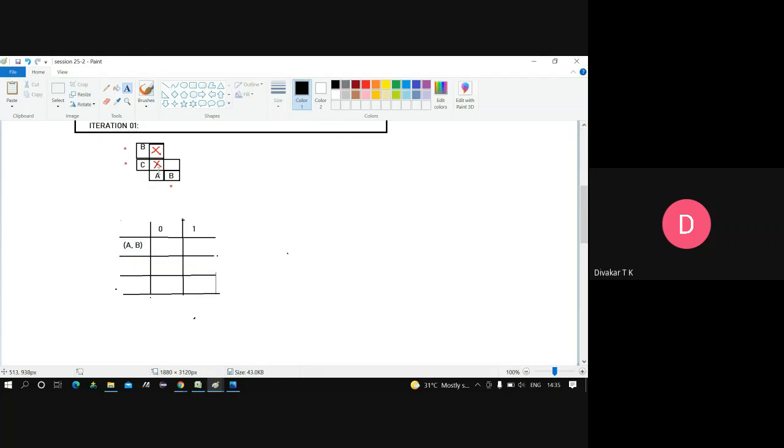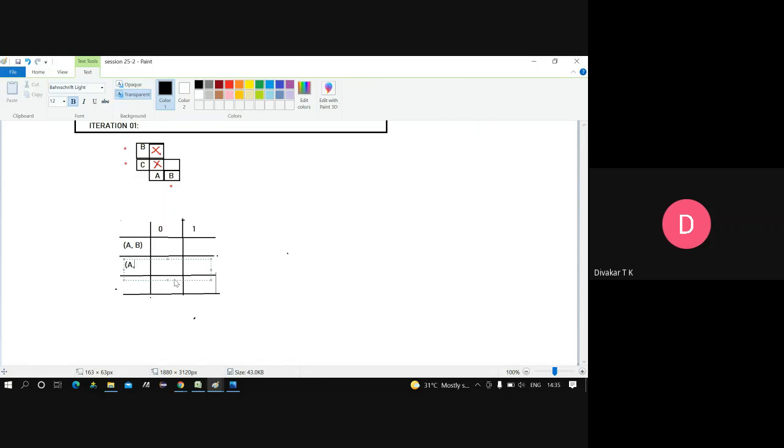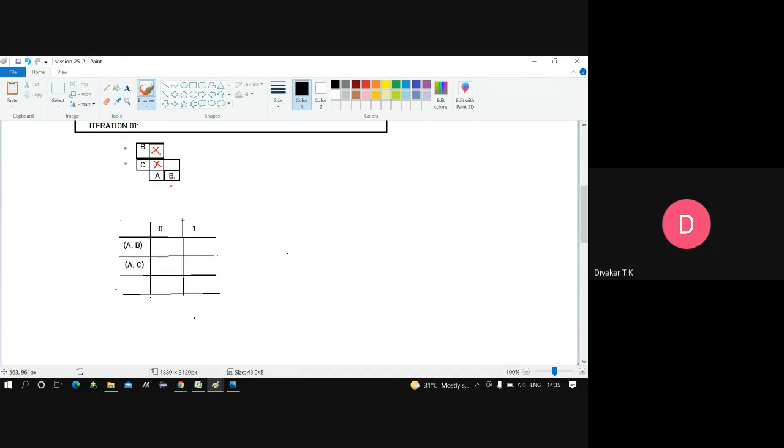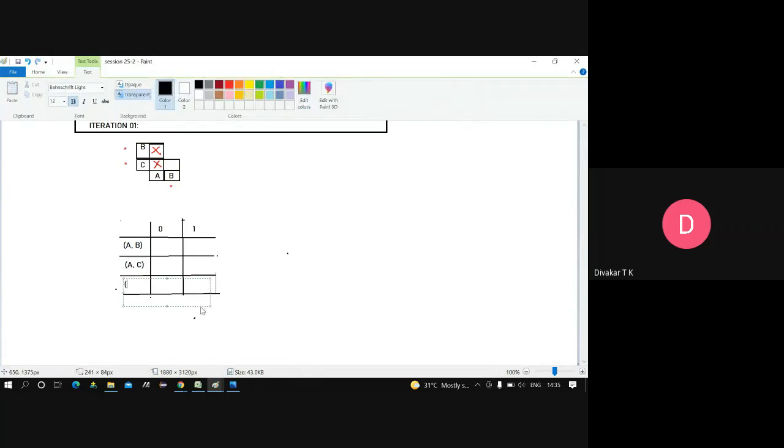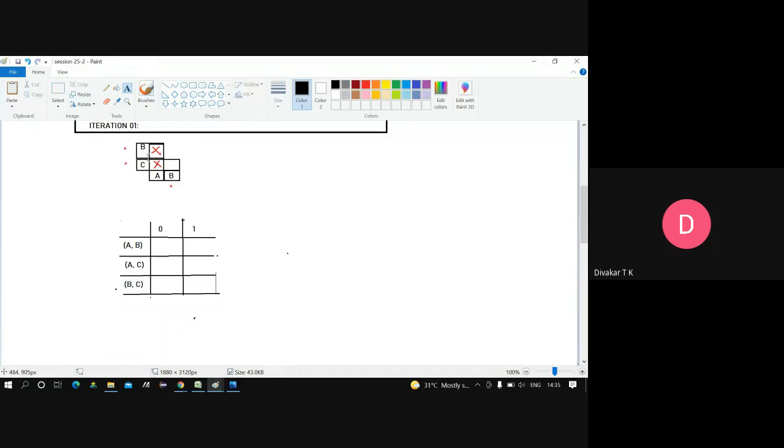What is the second cell here? A comma C. Now what is the third cell here? That cell is B comma C. So the cells I have written are A comma B, A comma C, B comma C. Got the clarity, guys?